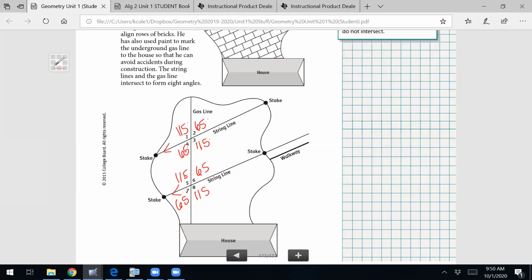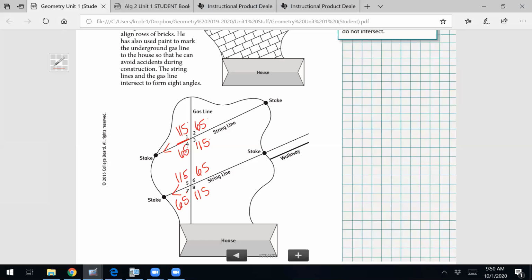So we need non-adjacent angles such that the angles are on the same side of the transversal and one angle is outside the 2 lines and one angle is between the 2 lines. So they cannot be touching sides. They're not going to share this same side. That would make them adjacent.